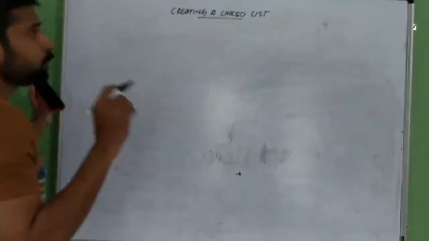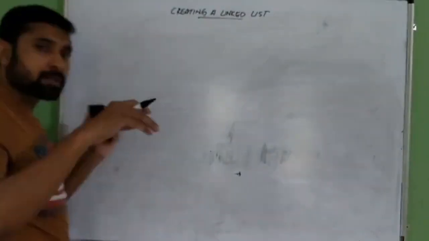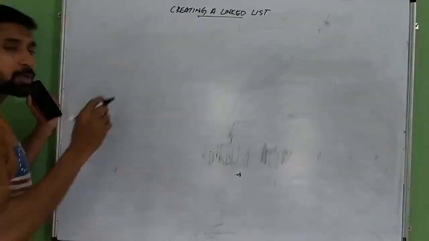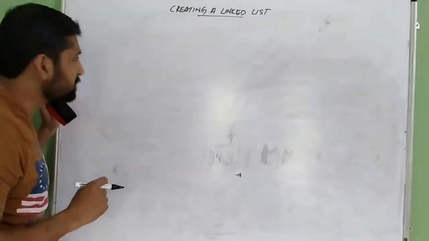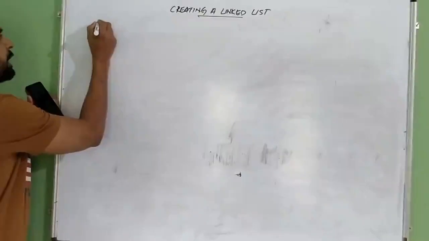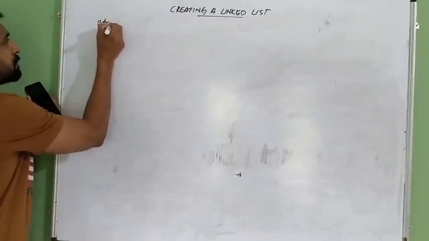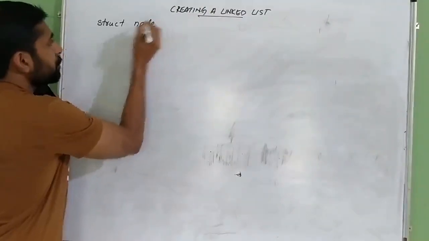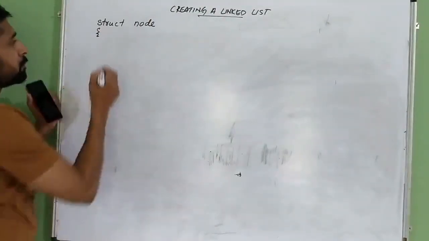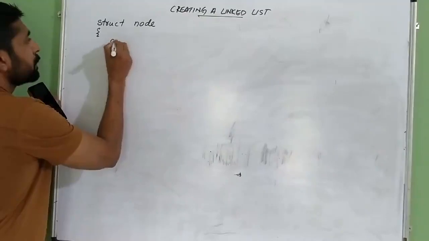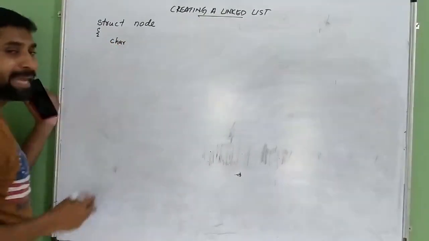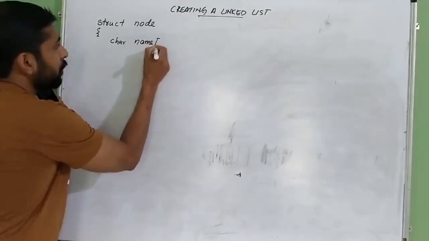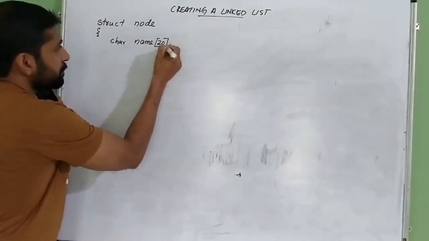So first thing we need is, see, #include and all, you leave it. Here we are going to create a self-referential structure. I will create struct node. Here we are going to store names. So char name of, say, 20.